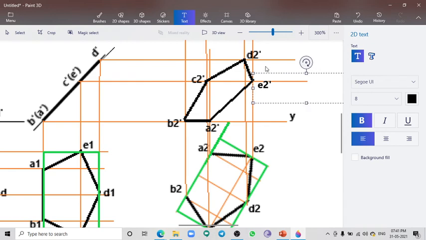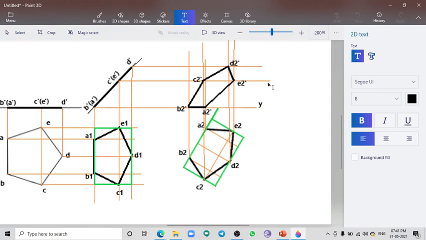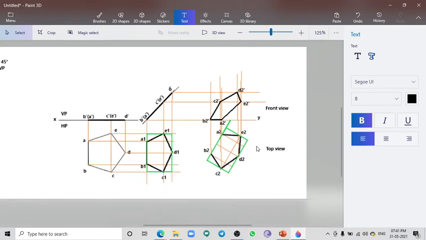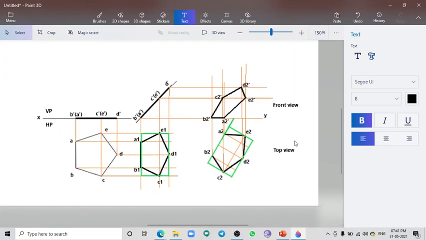So this is your required final front view, and this is your top view. This is the final outcome of this question.